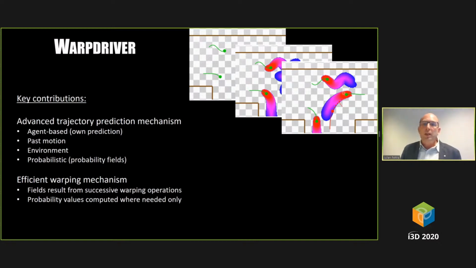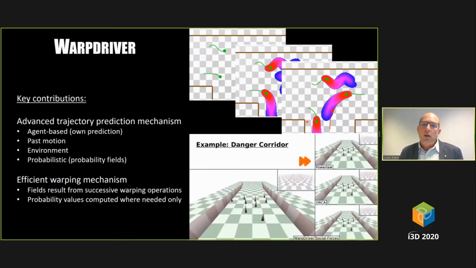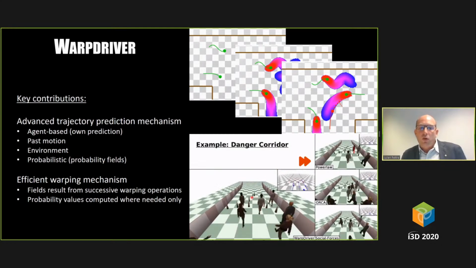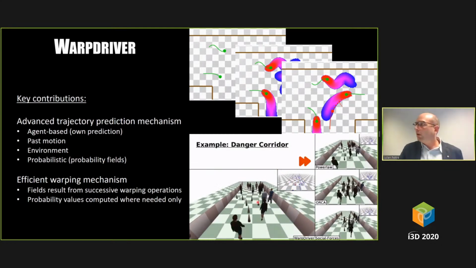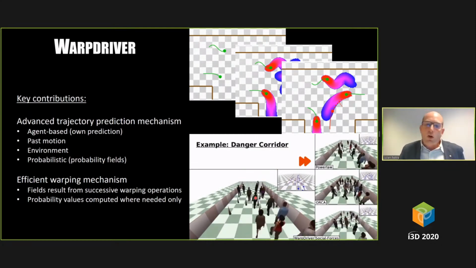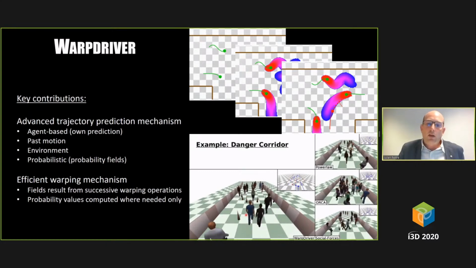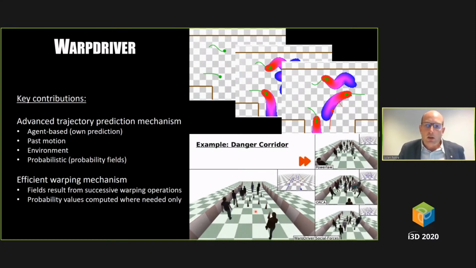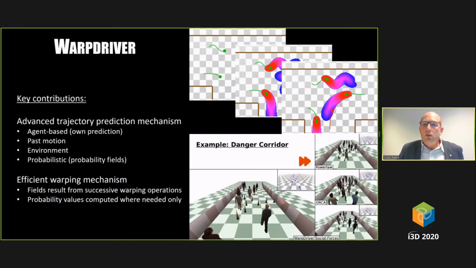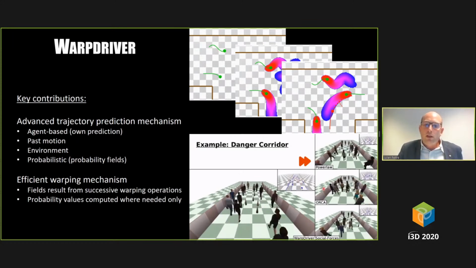That's important because then each agent can perform its own prediction of the world depending on the information it has. You can see examples of results produced by WorldDriver. For example, it's successful in predicting the motion of these turning agents, which is completely non-linear, and it performs better compared to other techniques.